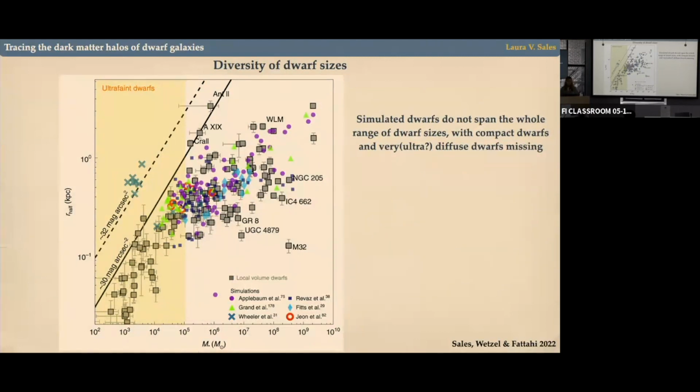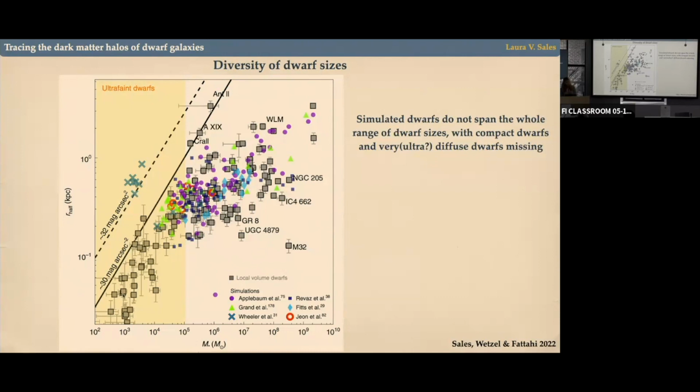Again, a compilation of the best state-of-the-art simulations that we see. And the data from the local group is in the gray squares. And overall, it looks quite okay. I mean, this is perfect compared to where galaxy formation was when I started my PhD. So this is really amazing.